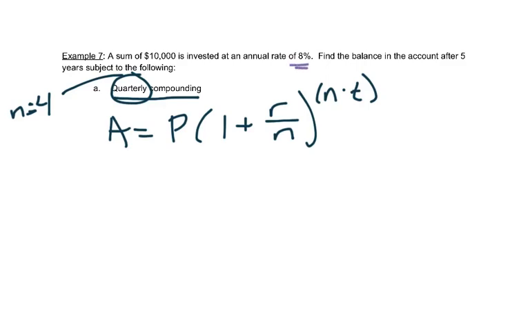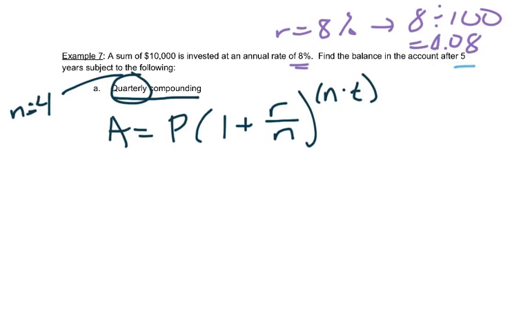The rate is right here. Rate is 8%, so we take 8 divided by 100, and we get 0.08. That's what we're going to put in for R. They tell us 5 years is T, so T is equal to 5. We're starting with $10,000, so that's our principal or beginning amount.